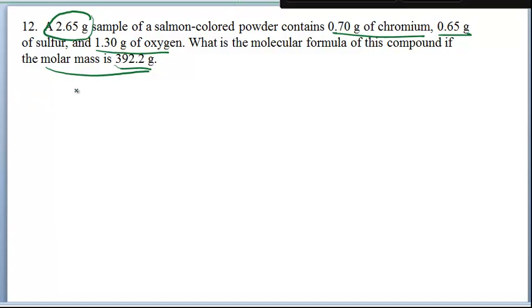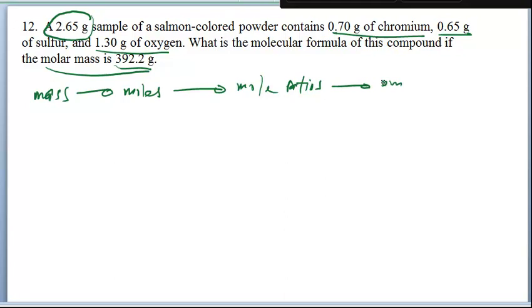All right. So step one, we need to take the masses and convert them to moles, and then once we have the moles, we can then construct the mole ratios from which we can derive an empirical formula. And from that, we'll be able to use the molar mass that was given us to get the molecular formula.